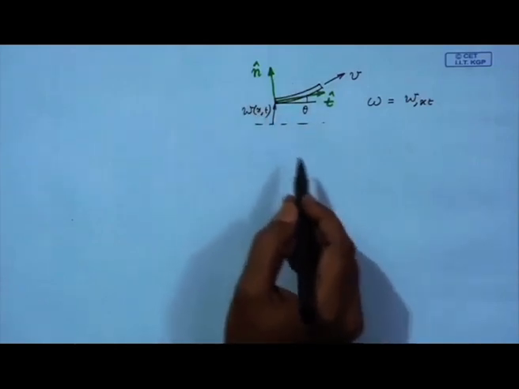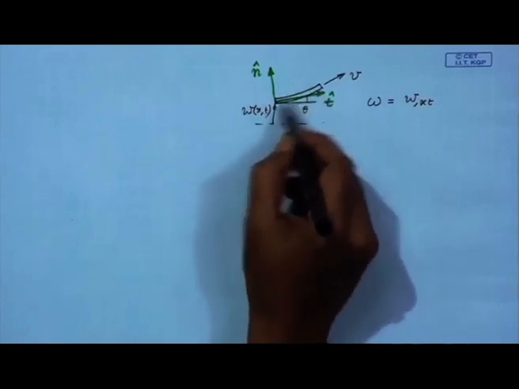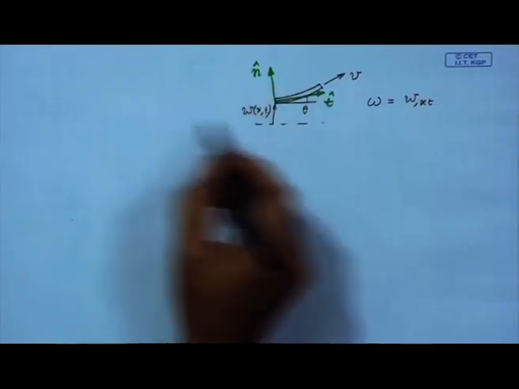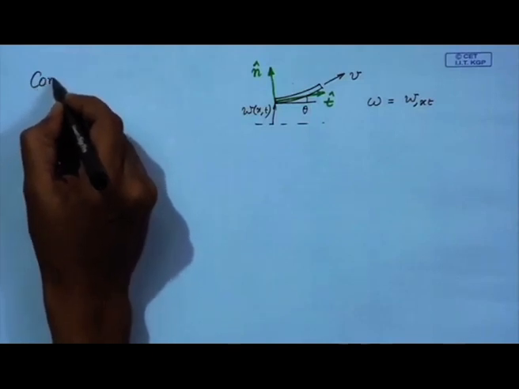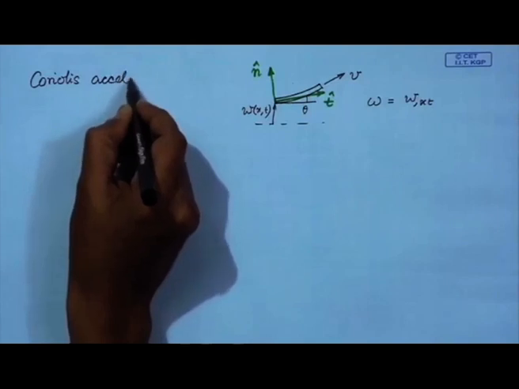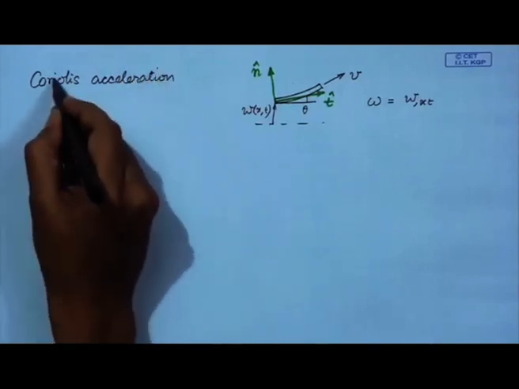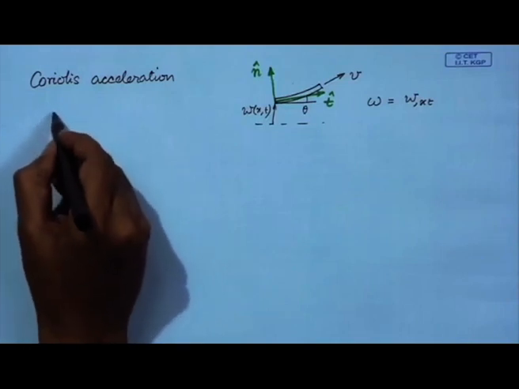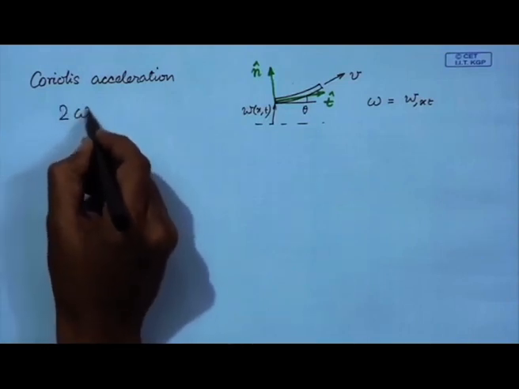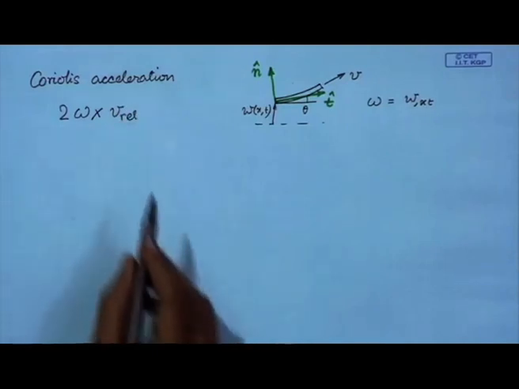So, when we derive the equation of motion from the Newtonian approach, we must consider this motion of this element in a rotating frame. So, we have this Coriolis acceleration, normally we write 2 omega cross V rel.